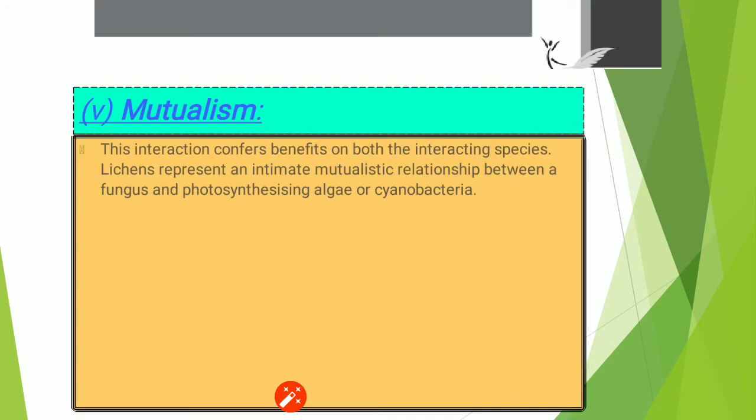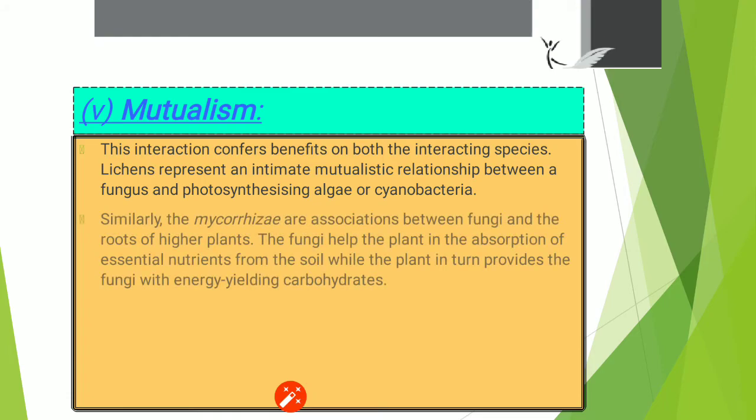Fifth type of interaction is mutualism. This interaction confers benefits on both the interacting species. Lichens represent an intimate mutualistic relationship between a fungus and a photosynthesizing alga or cyanobacteria.